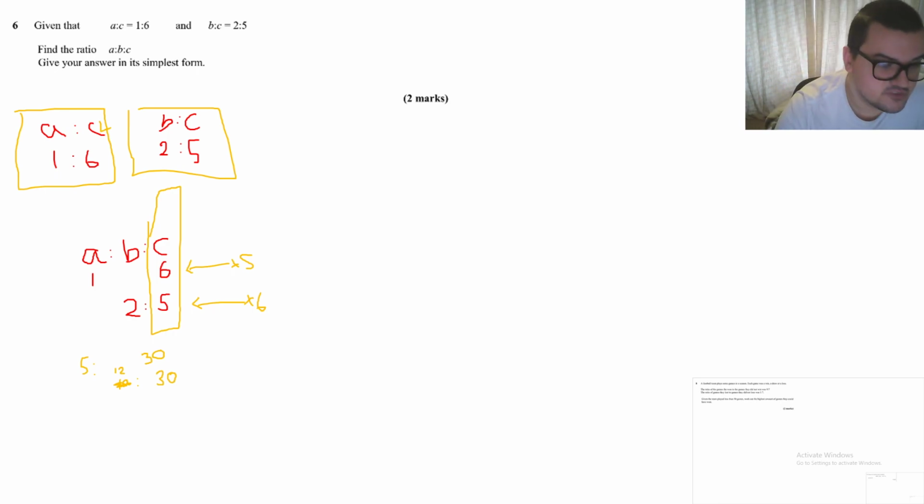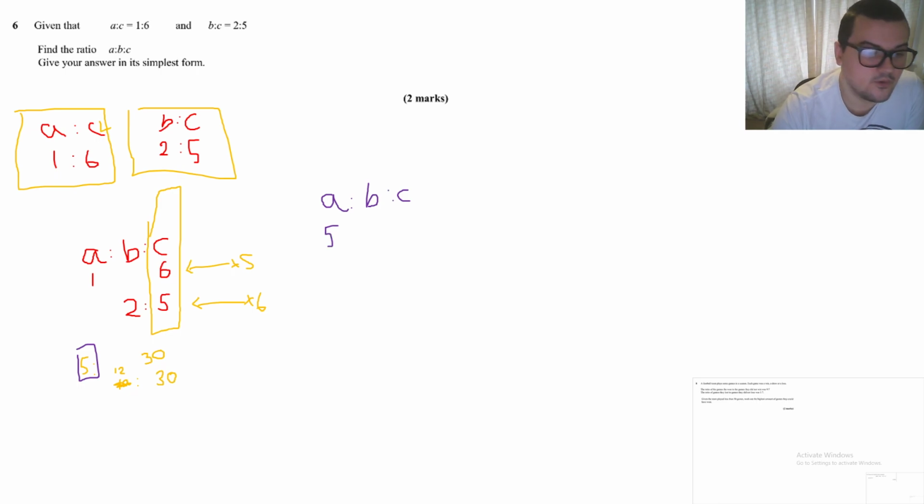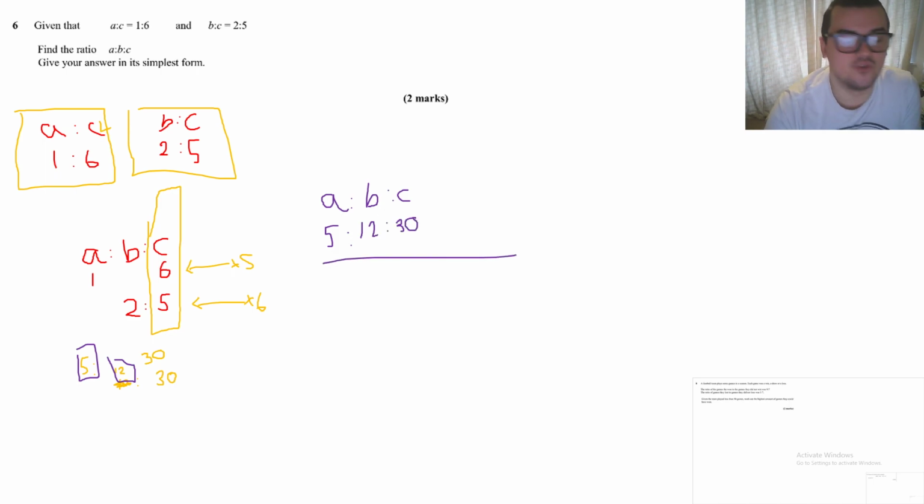So we smush them together, so we get our A, B, C. We take our 5, put our 5 in. We take our 12, we put our 12 in, and we take our 30, we put our 30 in. And that is the answer for that question. That is the correct answer for that question.